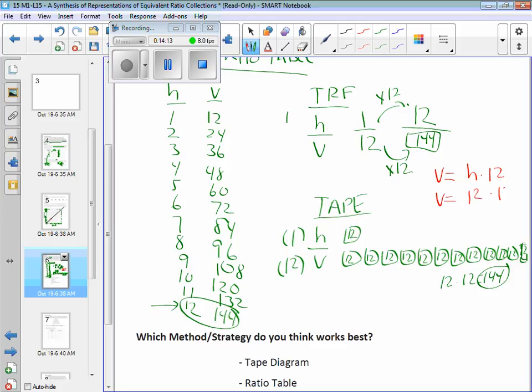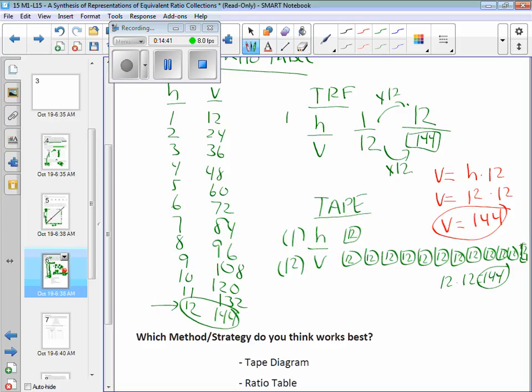You substitute it in, and you are done. It takes the least amount of time, but you've got to know how to formulate the equation on your own. And you've got to know which equation to use. Am I solving for V or am I solving for H? That's the critical part. So that's all 5.